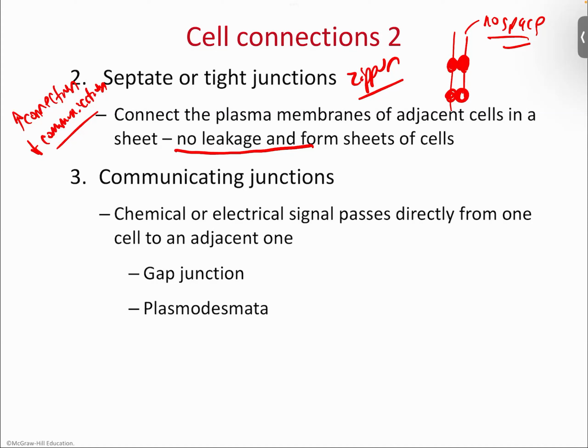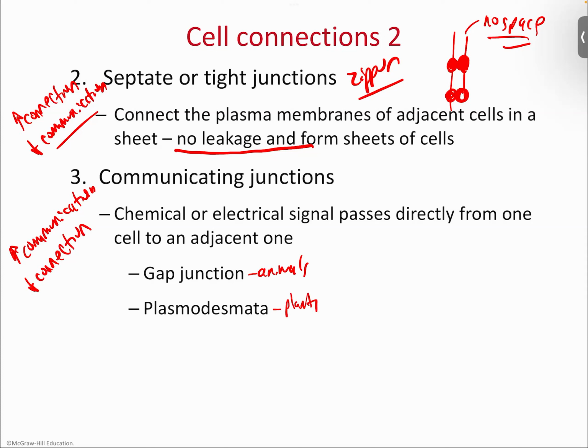So that's one extreme. The other extreme is communication. So here, basically, you're going to maximize your communication and you're going to minimize your connection. So you have two different types of communicating junctions. You have gap junctions in animals and plasmodesmata in plants. And so here's what it looks like in animals.